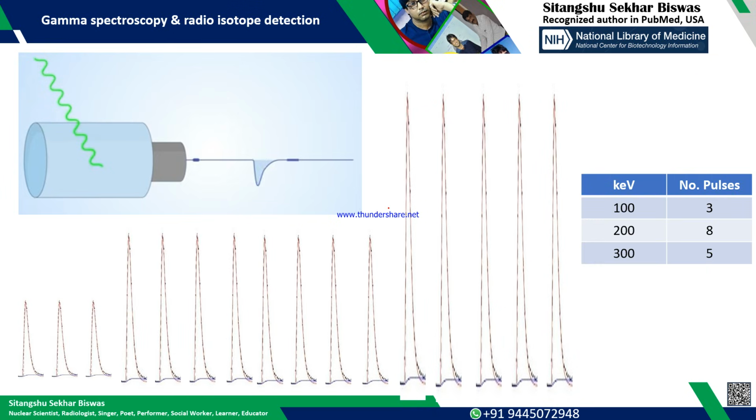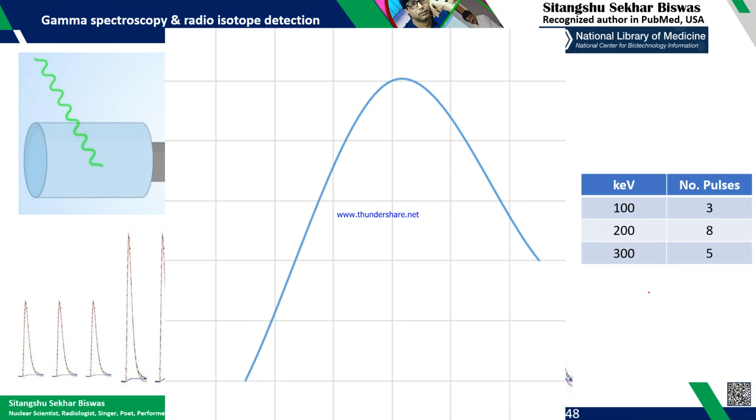During that particular period of 5 minutes, we are getting 300 keV pulses, 8 200 keV pulses, and 5 300 keV pulses. This is the tabulated form. Now if I plot energy on the x-axis and the number of pulses on the y-axis, what kind of graph will we get? This one.